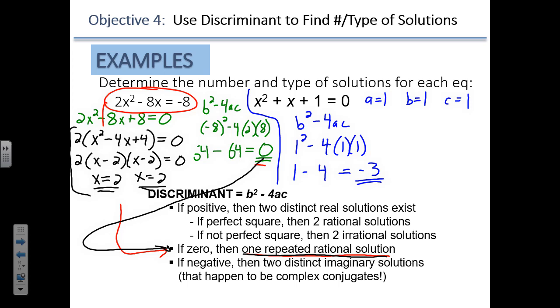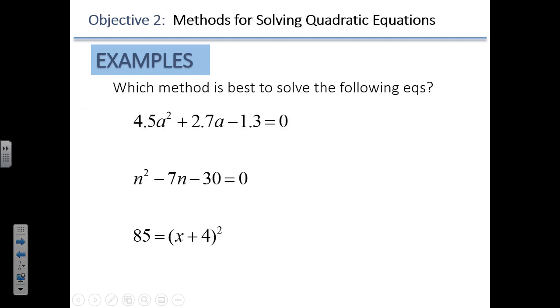So if we try and solve this, no matter how we solve it, we would find that because of the negative discriminant, we are going to get two different imaginary solutions when we try and solve. We could complete the square, or we could have used the quadratic formula, but we're going to get two distinct imaginary solutions.